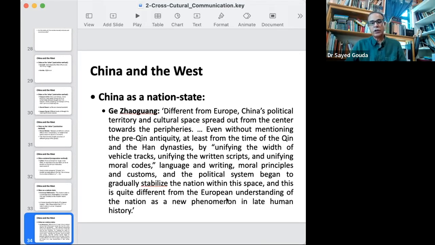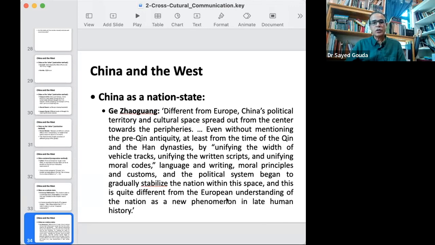And actually, of course, he contradicted that understanding. China, throughout thousands of years, was a nation state and had its own personality as a nation, its own characteristics as a nation: the unified language, the writing system, and so many things, the moral principles, the customs, the political systems. All this began thousands of years ago, at least 3,000 years ago.